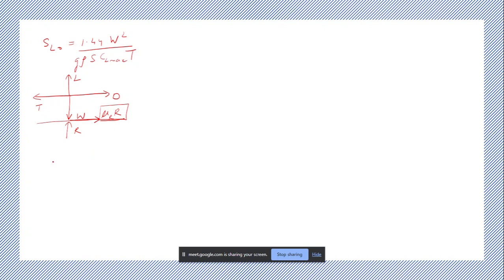Now let's write the equations of motion. We'll write the equation of motion only in the direction that we need to consider here, that is the horizontal direction. So if we write that, F equal to m dv by dt. Now what is this F?